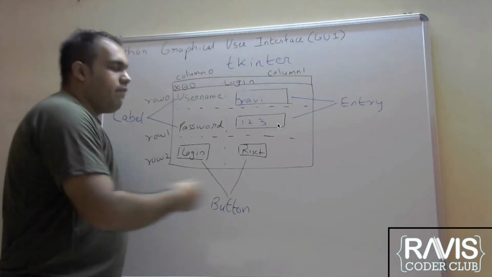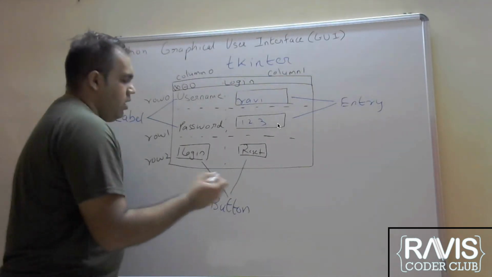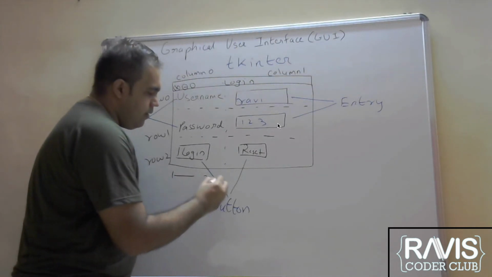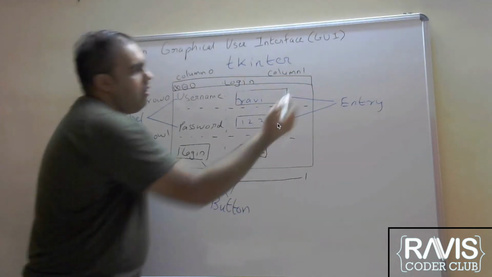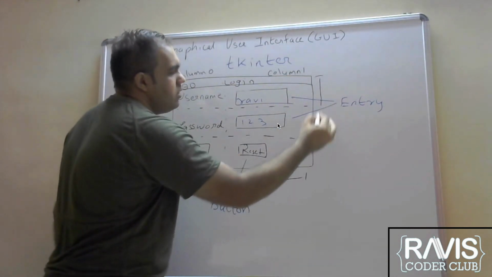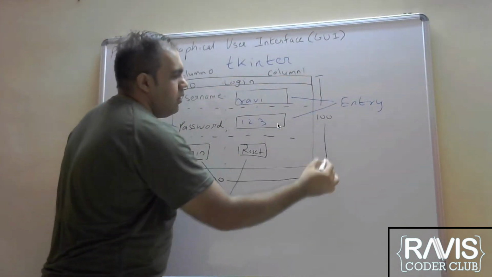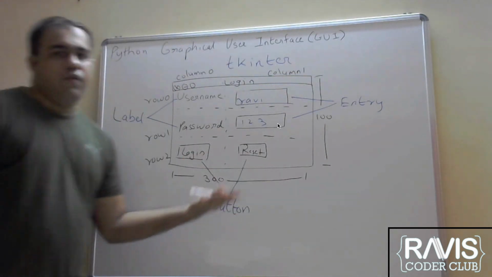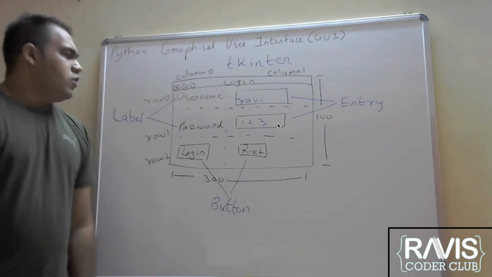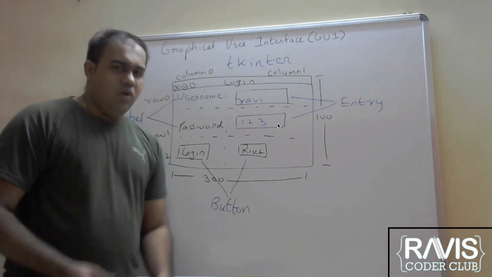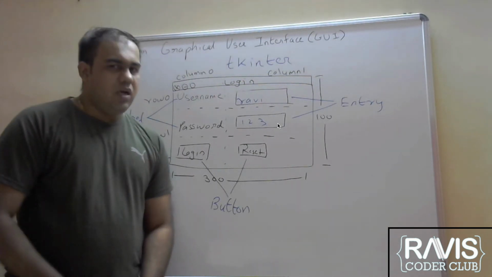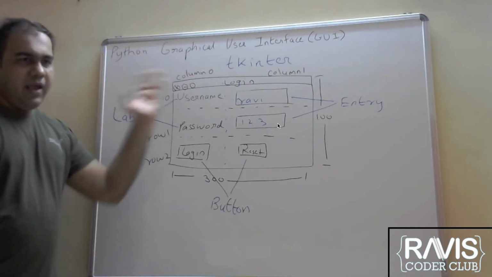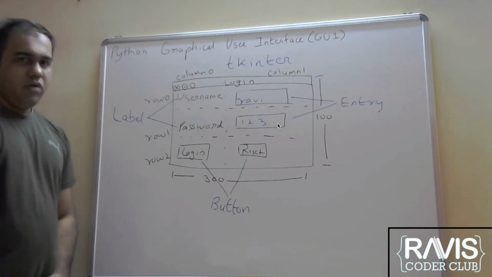Also the rough dimensions of this window are like 300 pixels wide and 100 pixels long in height. I'll show you how to write the code for that as well, okay. So I think I'll just switch on to my computer screen and I'll start showing you the code. Till then, just pause the video and make a diagram of what you see on the board.